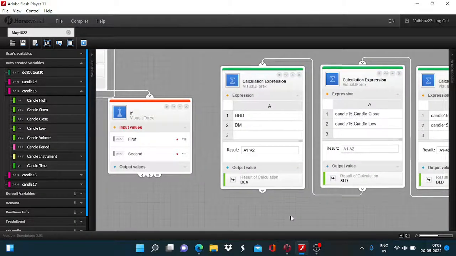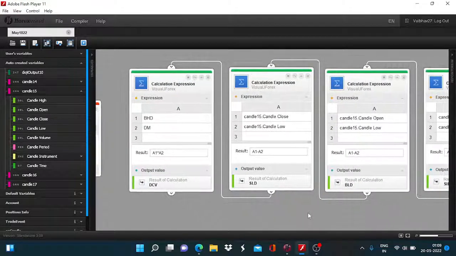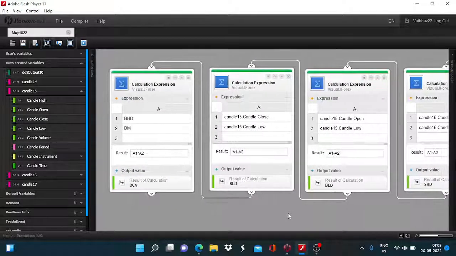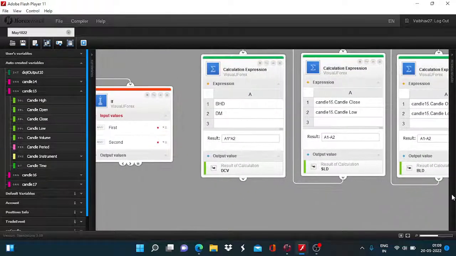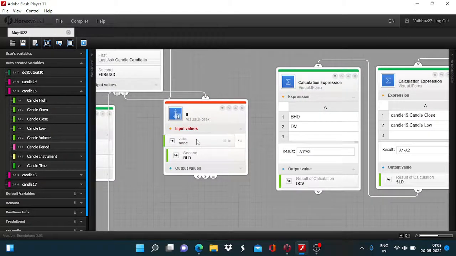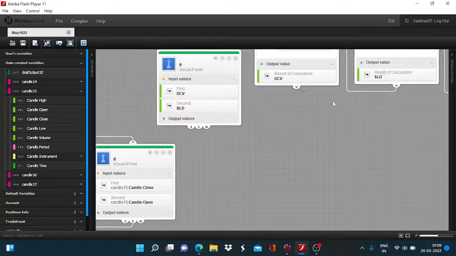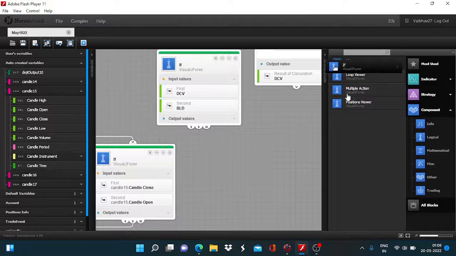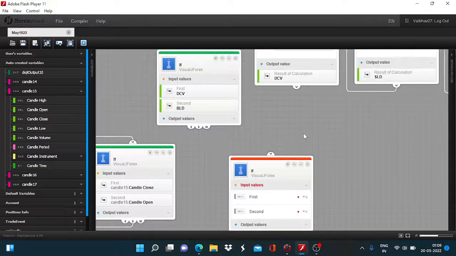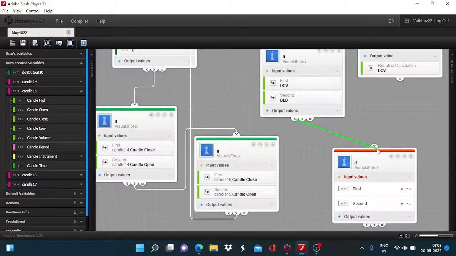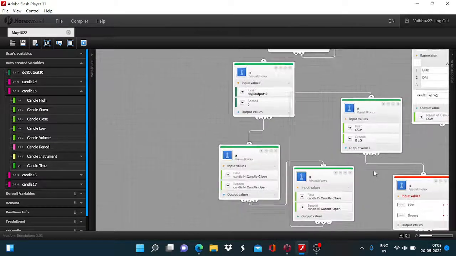So this DCV should be less than the difference between the last hourly candle's opening and the low price. So first input less than second input.